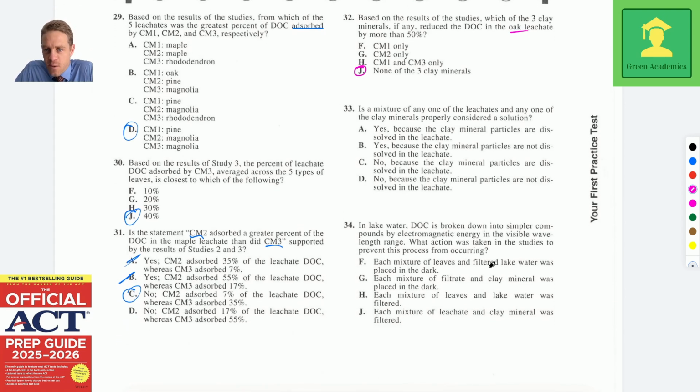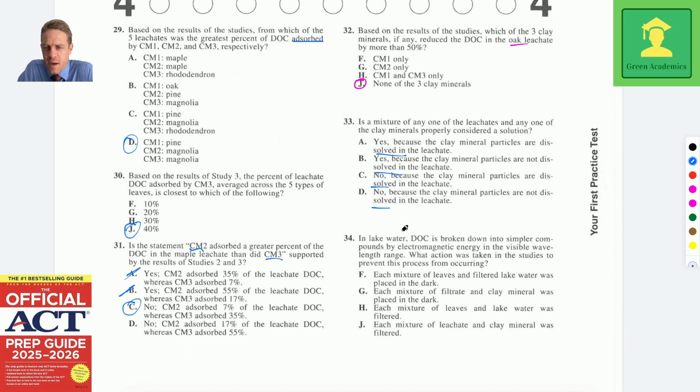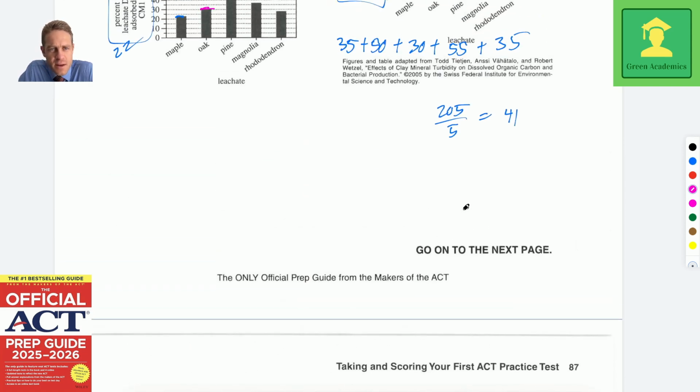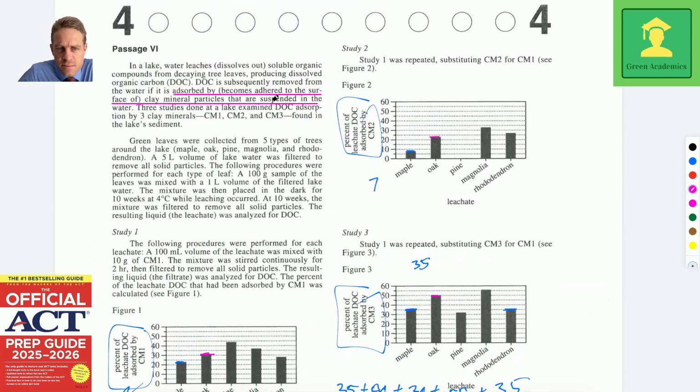Is a mixture of any one of the leachates and any one of the clay minerals properly considered a solution? Let's look at their answer choice. Yes, because clay mineral particles are dissolved, are not dissolved. Okay, a solution. So do they completely dissolve? Let's see. Becomes adhered to the surface of clay mineral particles that are suspended in the water.